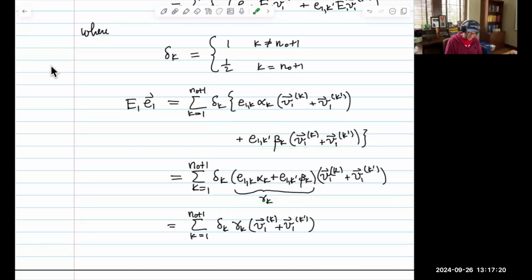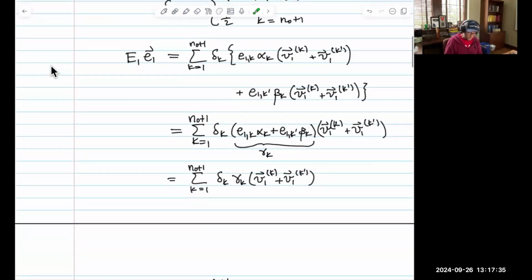I'm going to define this thing in here to be gamma k. So going from this step to this step is just the distributive property, where I pull out this common factor. Next, I'm just writing this as gamma k, simplifying things a bit.